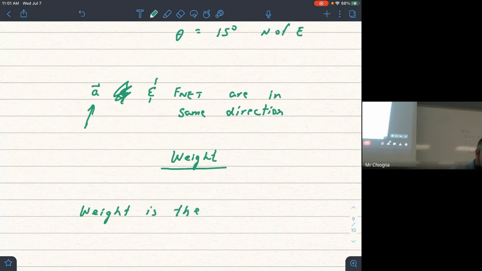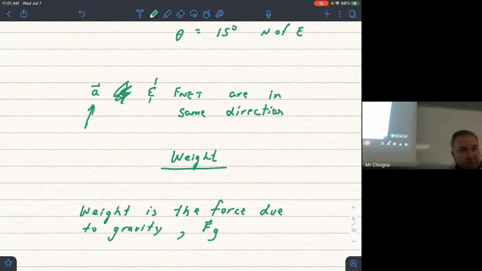It's the same thing. And we label it Fg. Yes, it's a vector. Usually we just calculate the magnitude, though, of the weight.